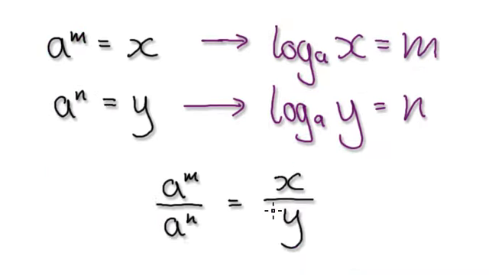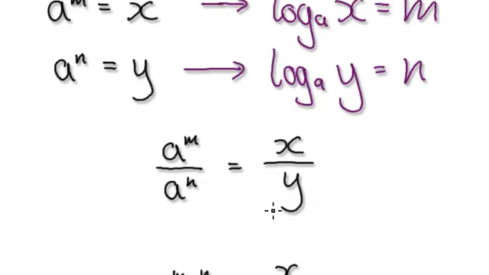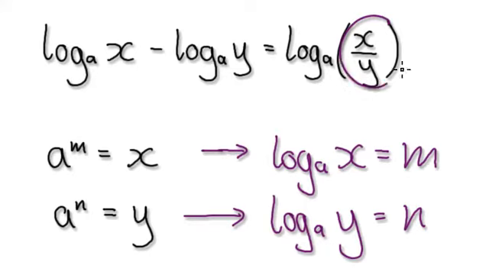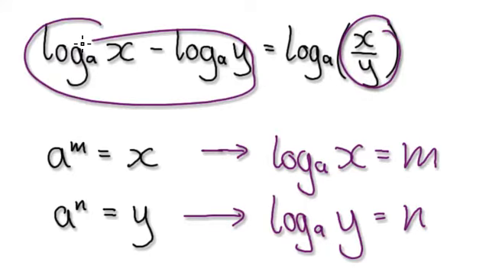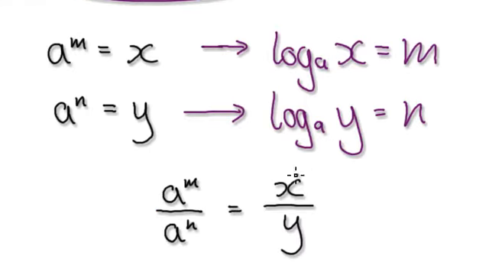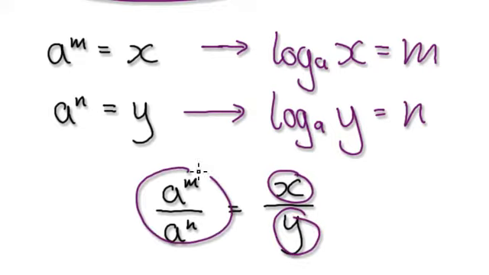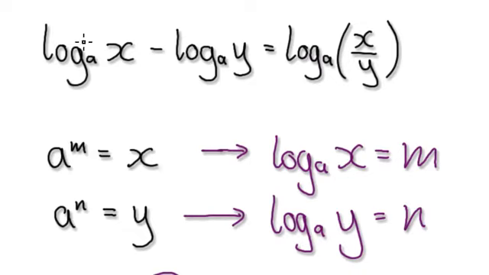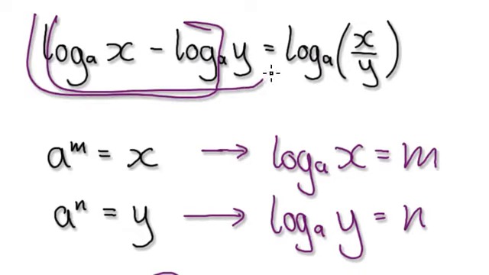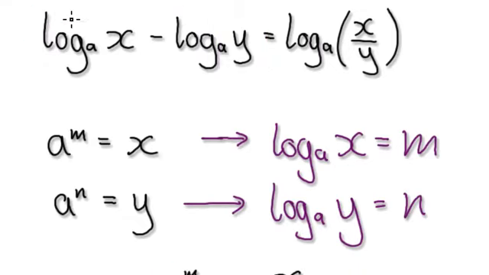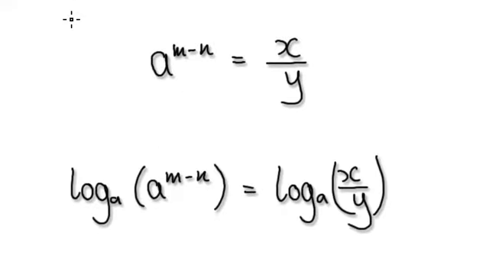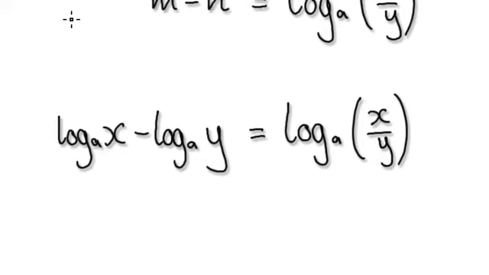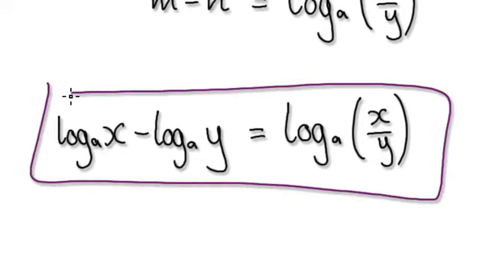And then use the laws of indices here to slowly get from this x over y to this. Okay, well anyway, this was last time. I'm just going to scroll through last video's proof. So this is the final proof.